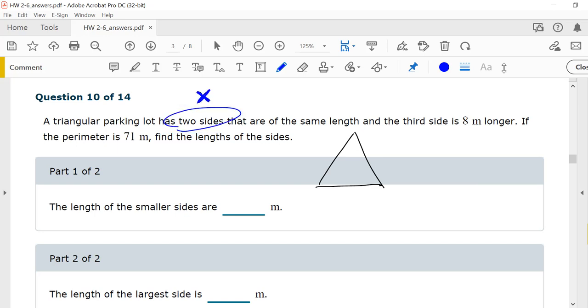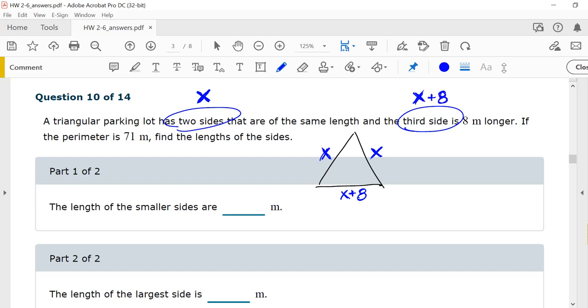I'm going to let each one of those sides be x. And the third side is 8 meters longer. So the third side is going to be x plus 8.